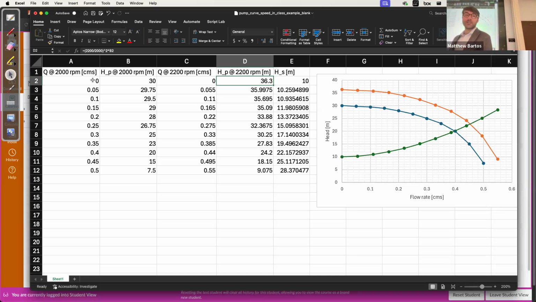So we multiplied the discharge by the ratio of the pump speeds, and we multiplied the pump head by the square of the ratio of the pump speeds. That gave us our new pump curve, shown here in orange. And then we computed the system head curve for this particular system. We could find the new operating point just by finding the intersection between our system head curve and the new pump curve. So we went through an in-class example on changing the pump speed to change the operating point.